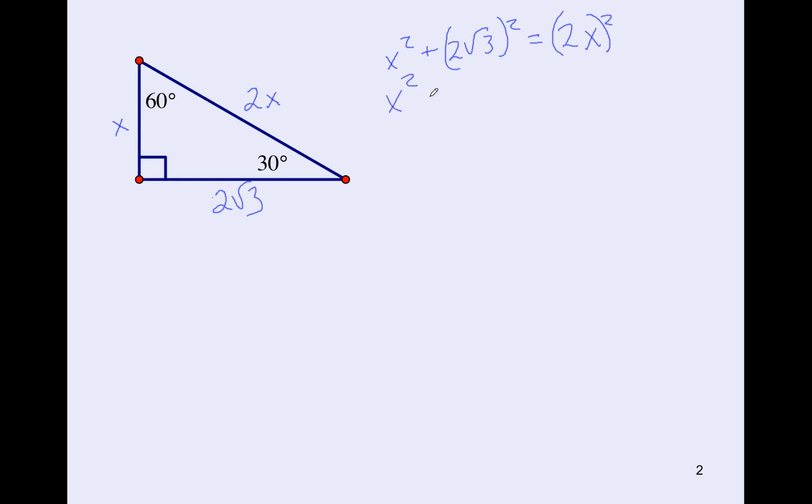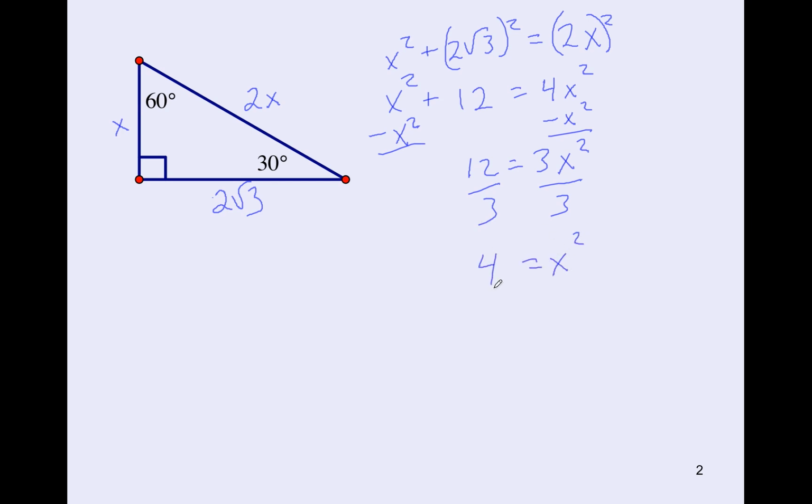So 2 root 3 squared from the previous video is going to be 12. 2x squared is going to be 4x squared from the previous video. Then we subtract x squared. We get 12 equals 3x squared. Divide both sides by 3. X squared equals 4. X is equal to the square root of 4. X is equal to 2. This would be 2. This would be 4.